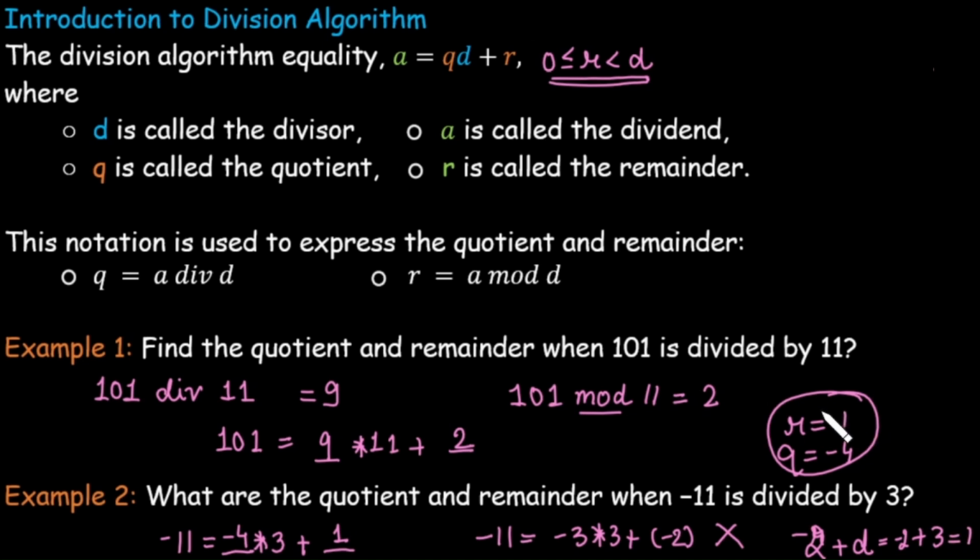Surely the remainder is 1. Now we can write A is Q into 3 plus 1, minus 11 equals Q into 3 plus 1. Find the value of Q from here and you will get Q as minus 4. Always remember that the remainder is never negative.